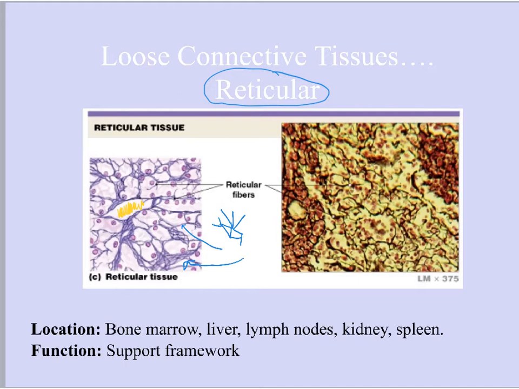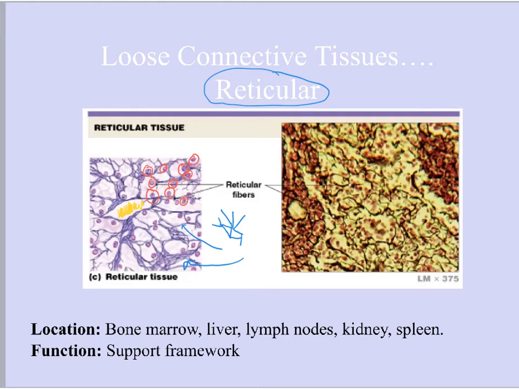So if we were talking about the liver, for example, the cells that are attached to those reticular fibers would be liver cells. Or if we're talking about the spleen, they would be spleen cells. There are going to be scattered fibroblasts here too, but don't worry about having to identify those. We're not asking you to do that.